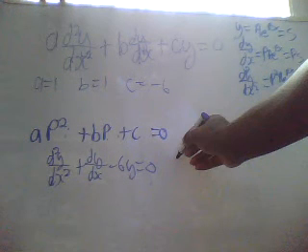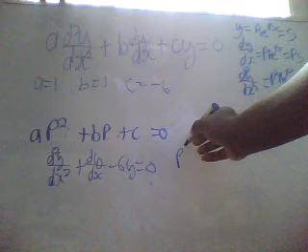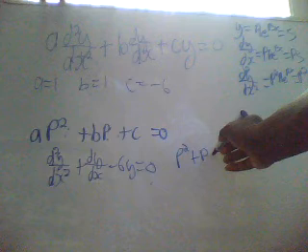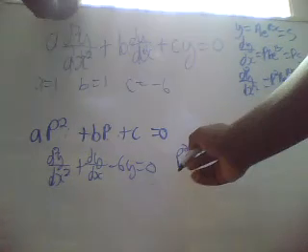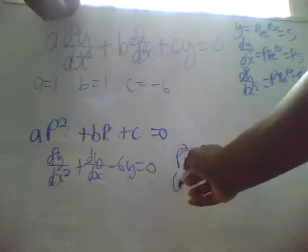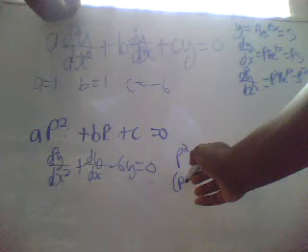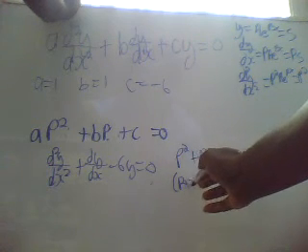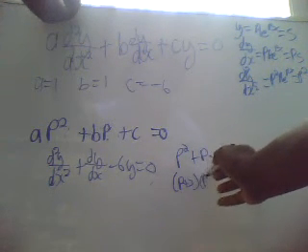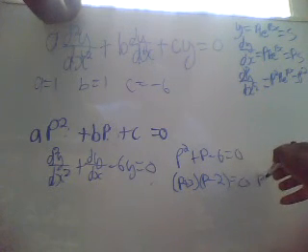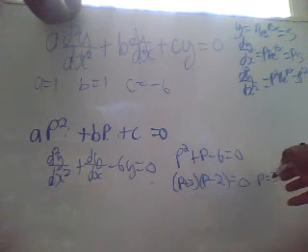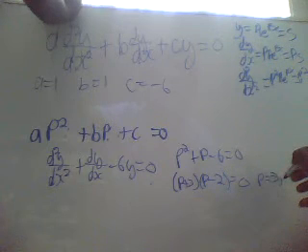So we plug in our a's, our b's, our c's, and we get p squared plus p minus 6 is equal to 0. You don't have to apply the quadratic formula, you can just factorize nicely, which is p plus 3 times p minus 2 equal to 0. So therefore p is equal to minus 3 or is equal to 2.